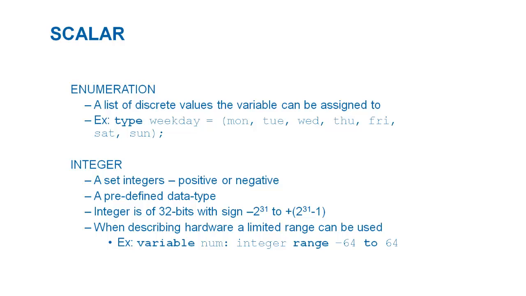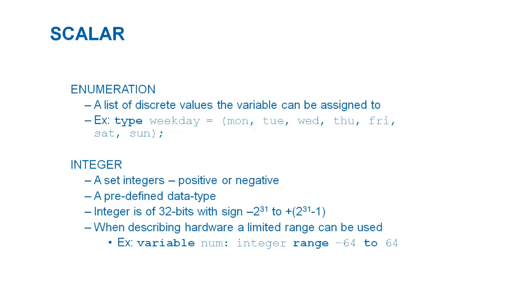This is usually convenient for the engineer, but in hardware it's just a range of bits or bit vectors. You also have integers, which can take values that are positive or negative. They are predefined in VHDL, and they usually have 32 bits, with a range from -2 to the power of 31 to +2 to the power of 31 minus 1.